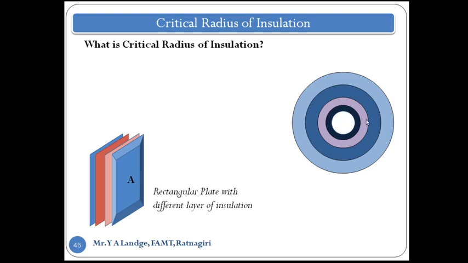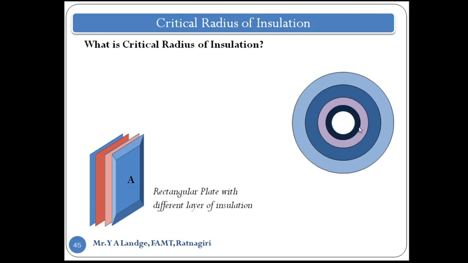Up to this point it continuously increases. Without wrapping, the heat loss may be less. If I put the insulation material here, it might give more heat transfer rate. Here it might be the maximum, and after that it decreases. So if I wrap up to this point, the maximum heat transfer rate happens, so I have to decide whether to wrap it or not.